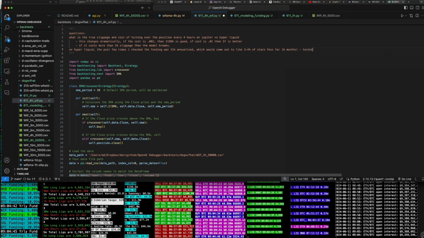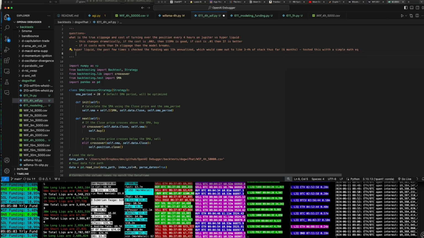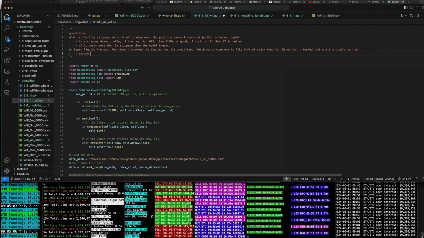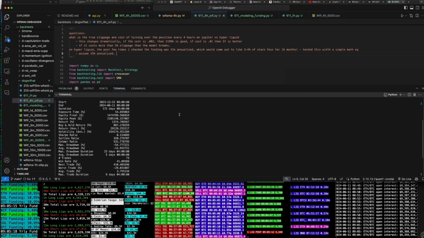I tested this with simple math equations. That makes sense though. 11%, 4 months. It's been 6 months maybe, but you're only in the market for half that time. So assume 12%. Honestly, assume 15% overall annualized. I think the strategy's in the market half the time.